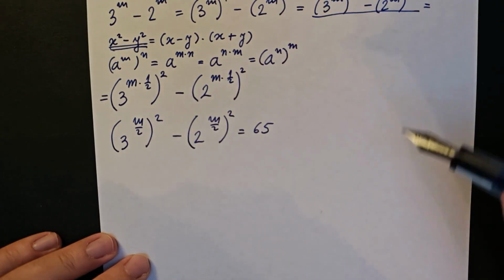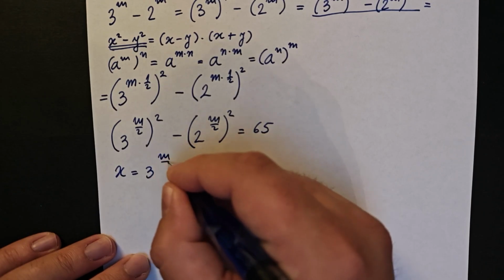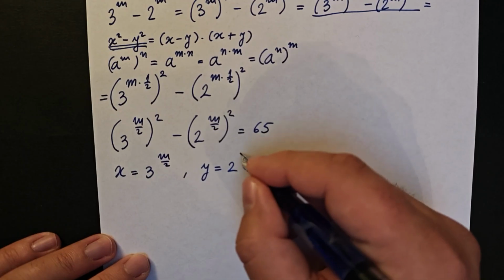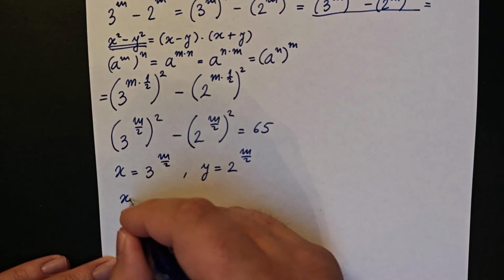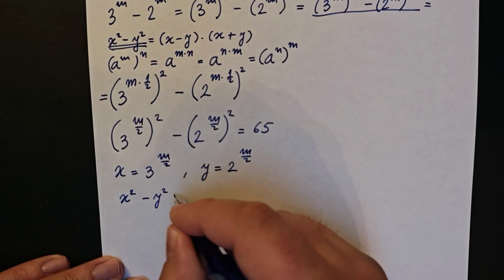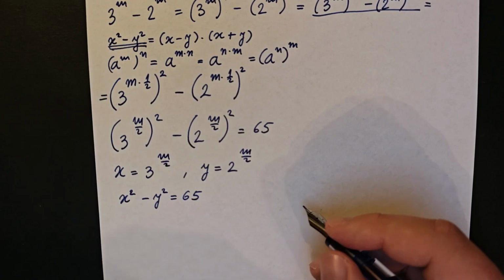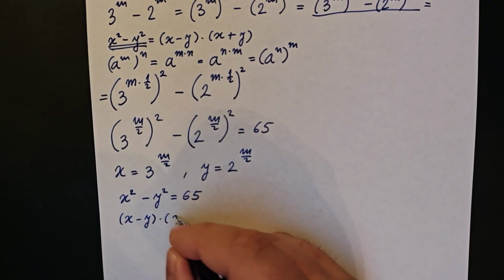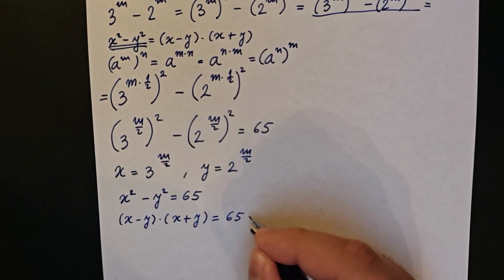So we are going to say that x is equal to 3 to the power m over 2 and that y is equal to 2 to the power m over 2. Then we have that x squared minus y squared is equal to 65. And then we get that x minus y multiplied by x plus y is equal to 65.